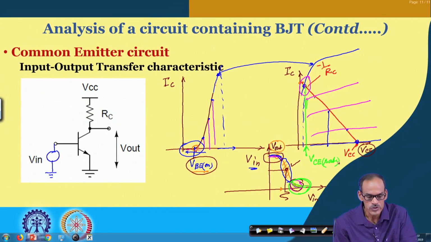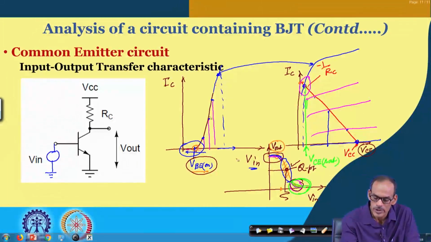So now at least we are moving in a direction where we will be keeping the device at some stable point called the Q point, or operating point. In other words, we would like to keep the device somewhere here, called the Q point.